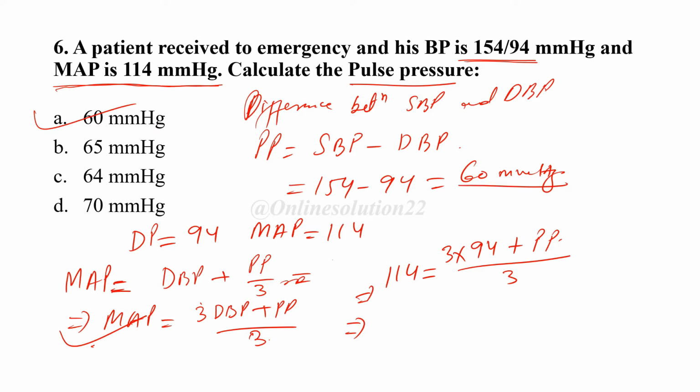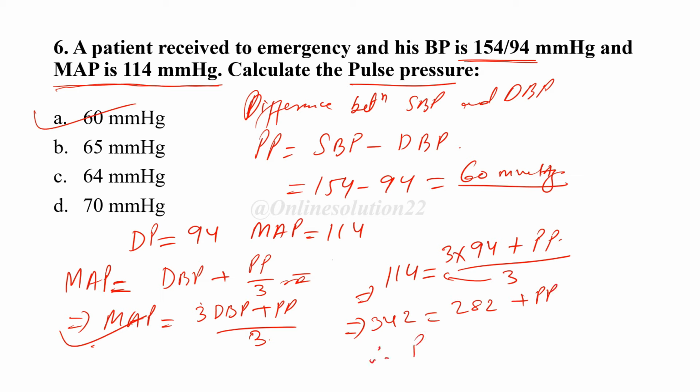So from here it follows, this 3 will go this side. So 114 multiplied by 3, we will get 342. And 3 multiplied by 94, we will get 282 plus pulse pressure.